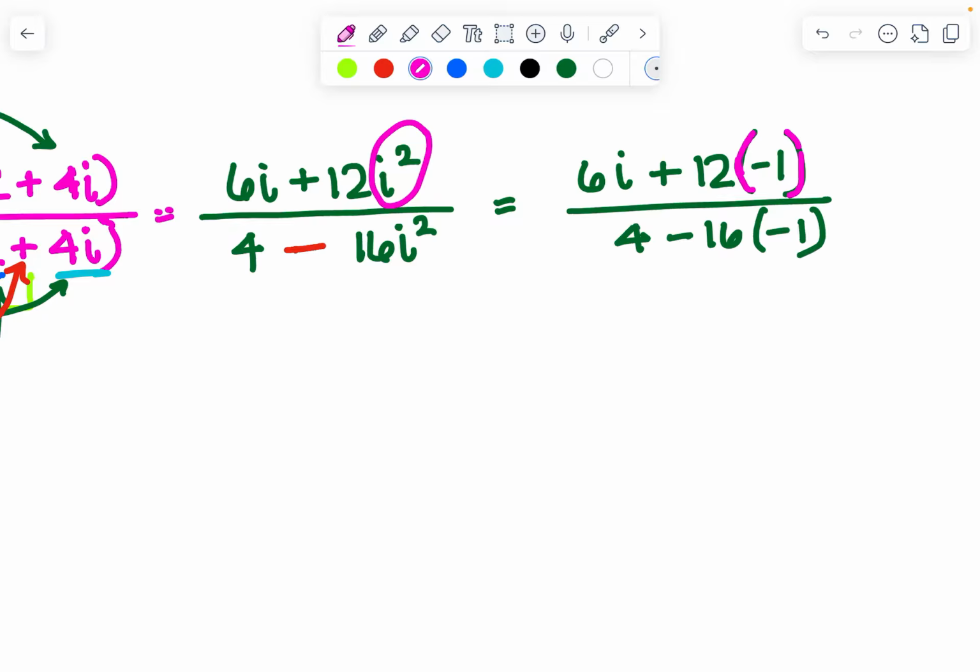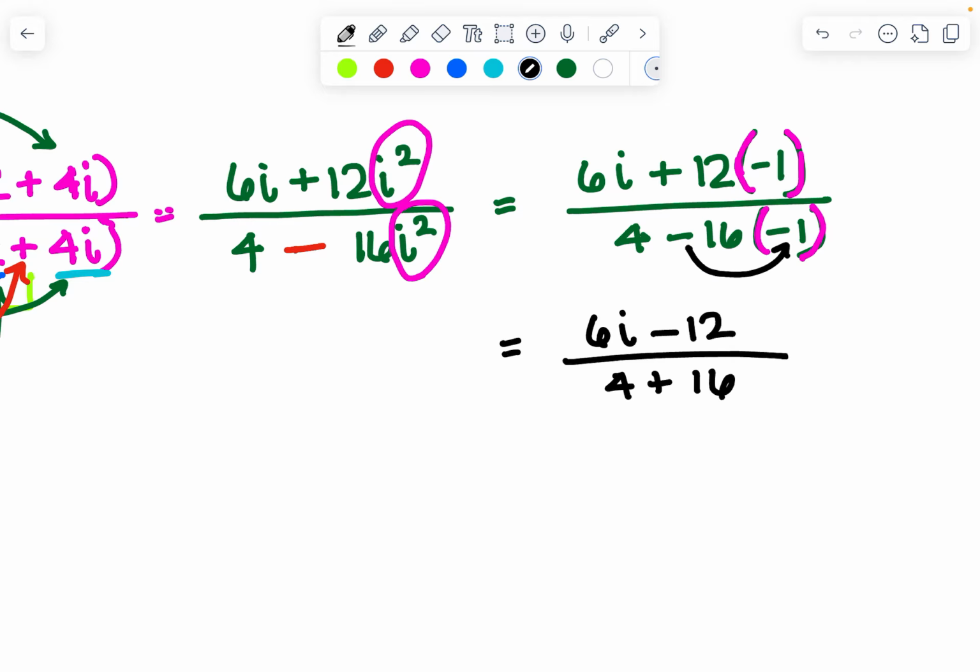And once again, I'm replacing this guy with a negative 1 because i squared is negative 1. So simplifying this even further, we're looking at 6i minus 12 divided by 4 plus 16, because negative times a negative is a positive, and 4 plus 16, hey, that's 20. So once again, we're looking at 6i minus 12 all over 20.